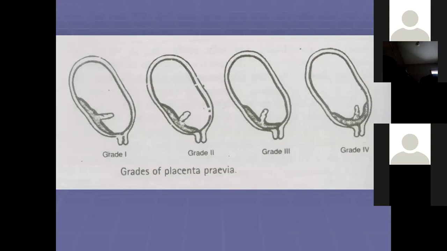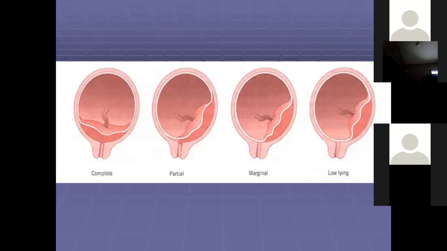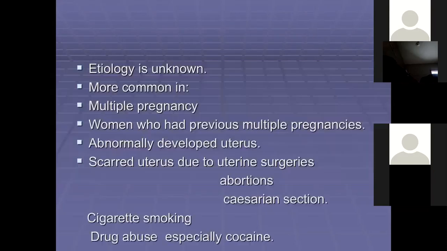It is just reaching the level of the internal os, but not covering. At grade 3, the placenta is partially covering the internal os, and in grade 4, the placenta is covering the internal os completely. Again, in this picture, you can see type 1 low lying, type 2 marginal, type 3 partial, and type 4 complete covering the internal os.